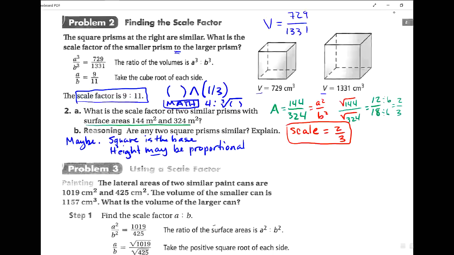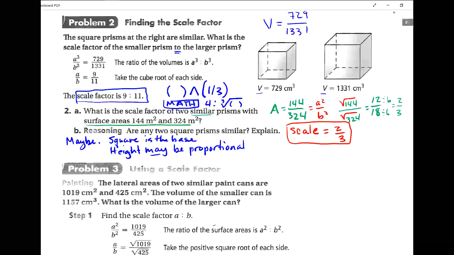Okay, we want to find out what is the scale factor of two similar prisms. Okay, so we know they're similar. And they have surface areas of 144 meters squared and 324 meters squared. So I know that I have an area ratio of 144 to 324. I know that area is squared.